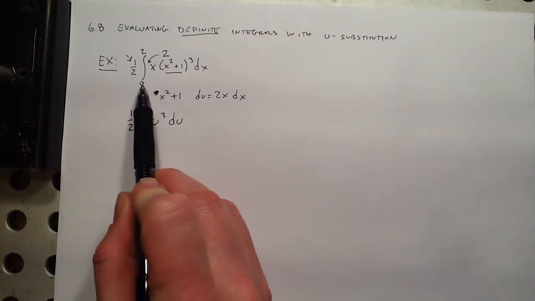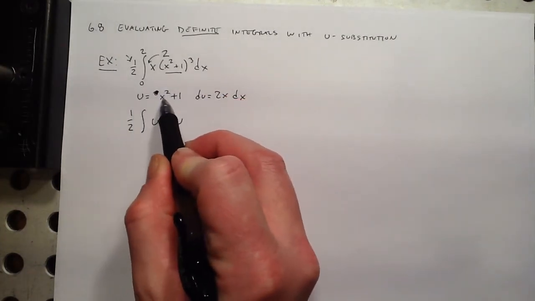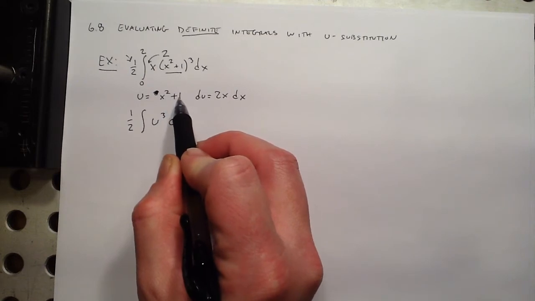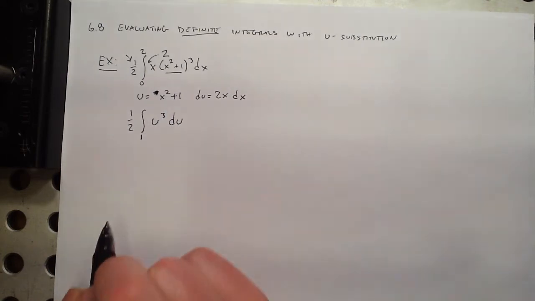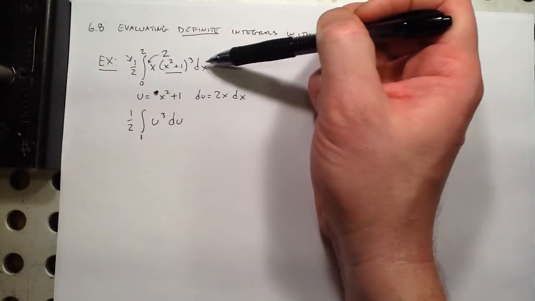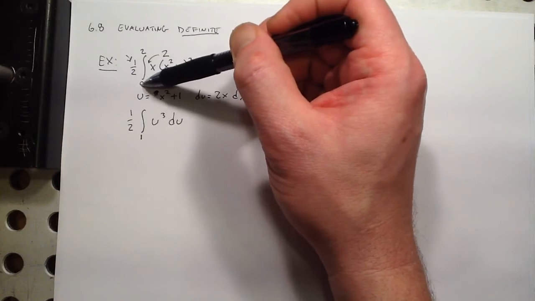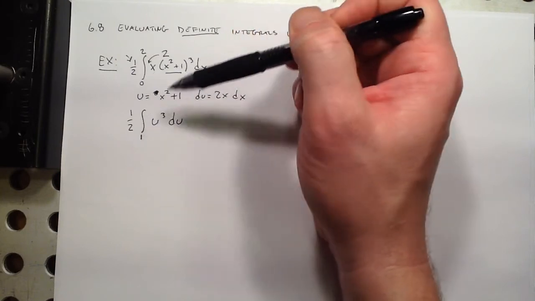So if x is 0, then u would be 0 squared plus 1. So my new number down here, now that I've gone over to u's, will be a 1. Again, that comes from taking this, which is an x value, plugging it in here. That gives me a 1.